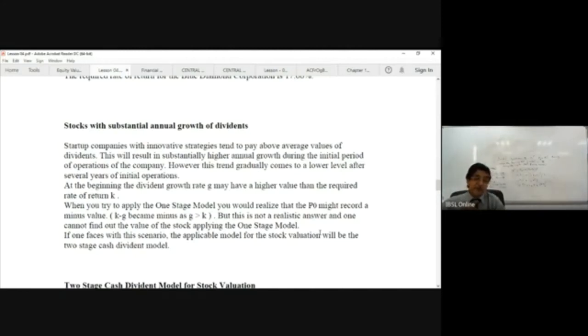Then, if we apply our normal one-stage dividend model to arrive at the price of the stock, you will be disappointed because you will get a negative price or value, which is not rational, and we are not in a position to calculate the price of a stock when that situation is present in a company.